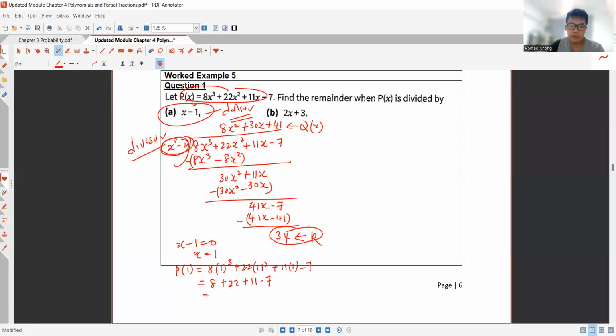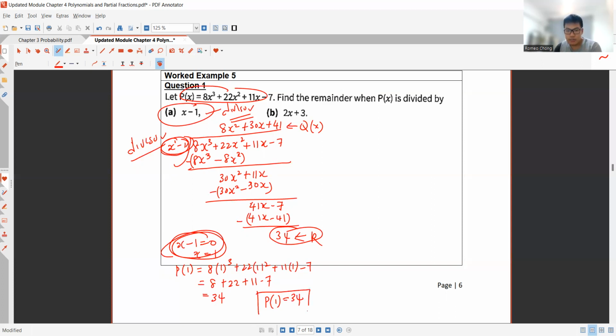So let's see what you get. You get 34. So what do you see? When I substitute x equals 1 into the polynomial, and this 1 comes from your divisor, then you get a remainder of 34.